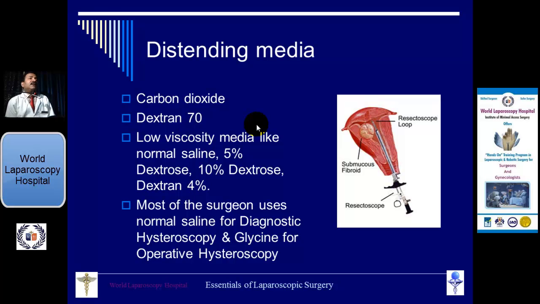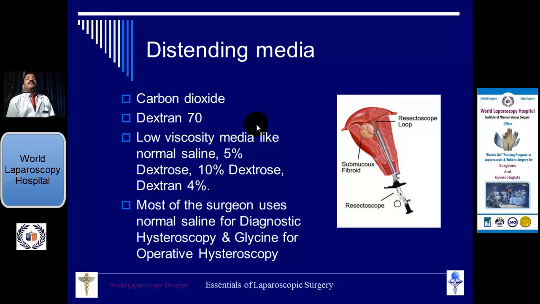But it has many disadvantages. One of the biggest disadvantages of carbon dioxide is that the pressure has to be increased to 150 to 160 millimeter of mercury. During hysteroscopy, pressure has to go 150 to 180 sometimes, and at that pressure there will be a lot of extravasation and intravasation.